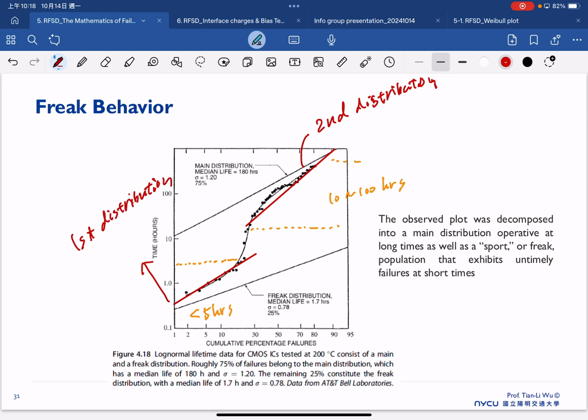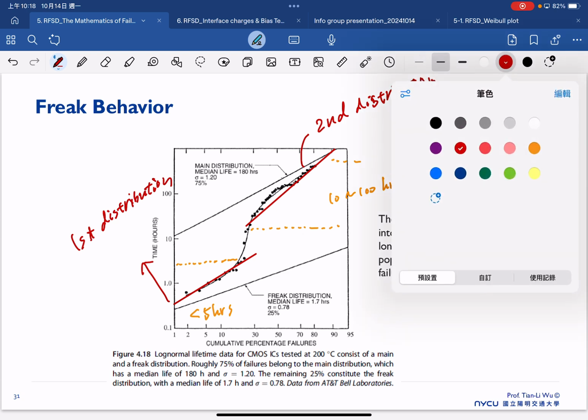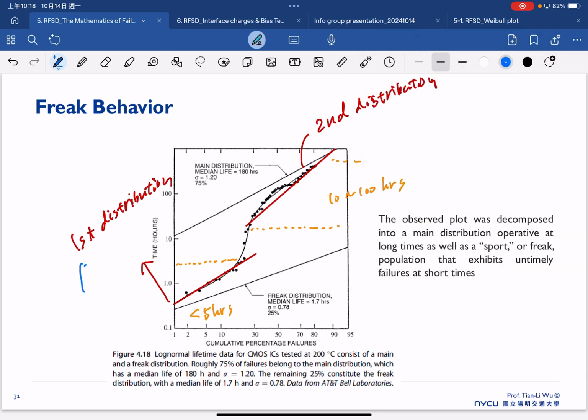So the basic information is, if we come out with one distribution that can fit one certain data set, that always indicates that we have the first mechanism here. So the first mechanism will lead to the values below 5 hours.